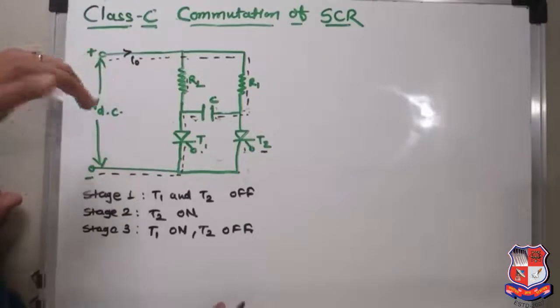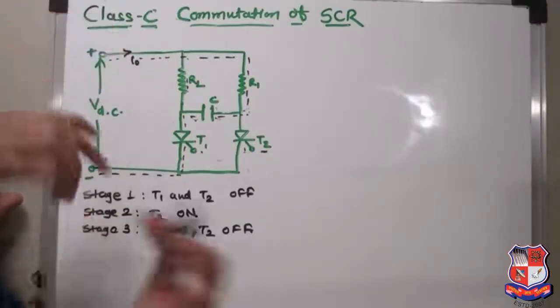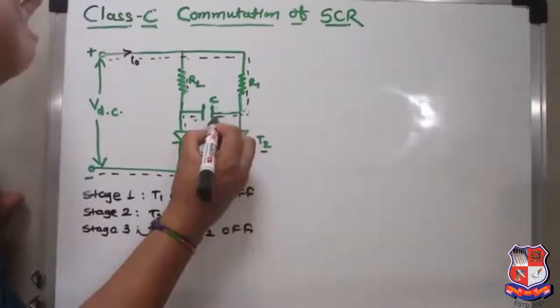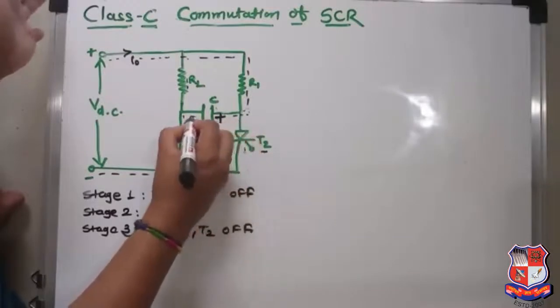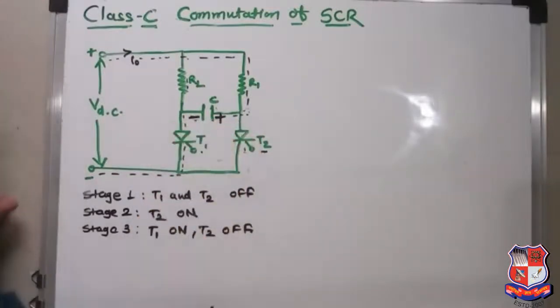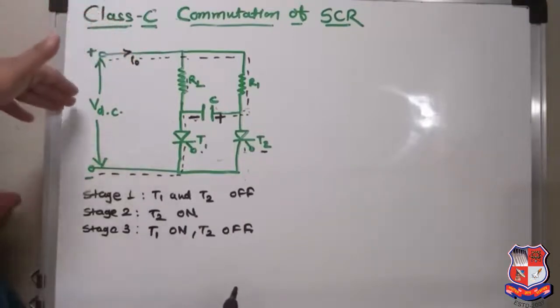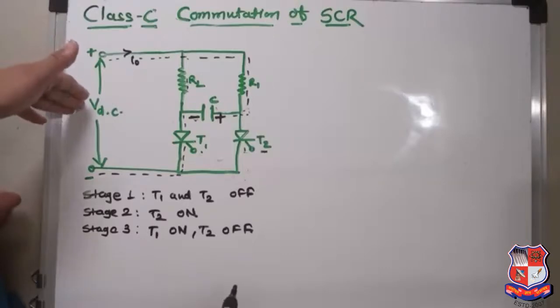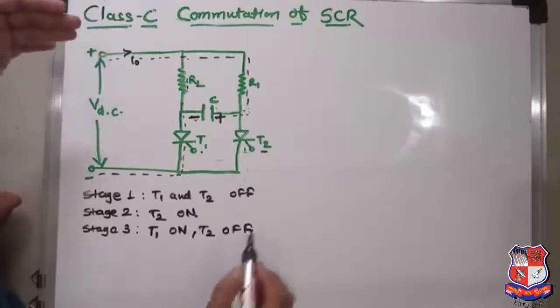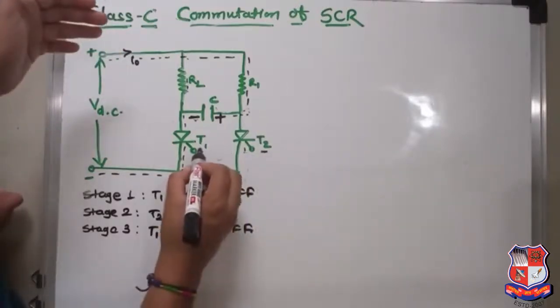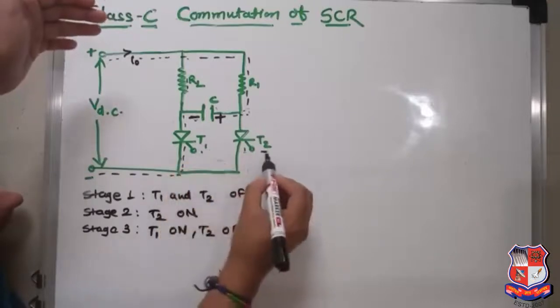Now the capacitor is charged with opposite polarity, meaning the right hand side plate is positive with respect to the left hand side, and the capacitor is fully charged to the input voltage, that is VDC.